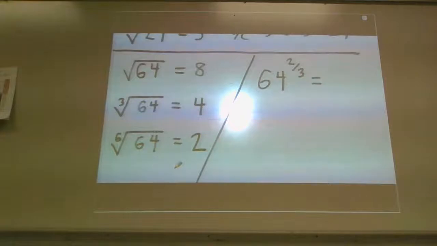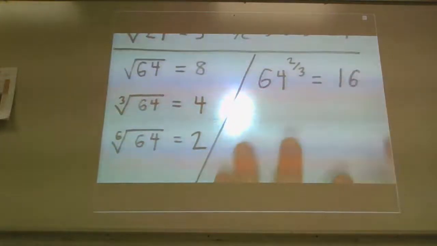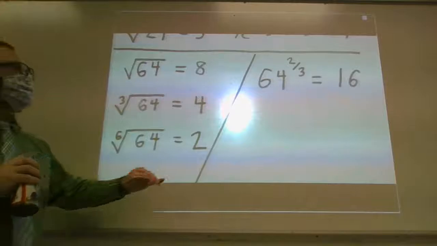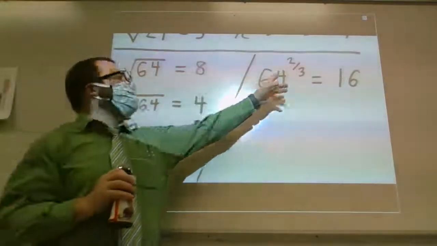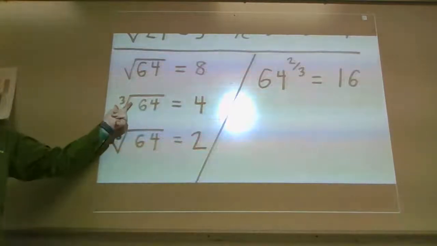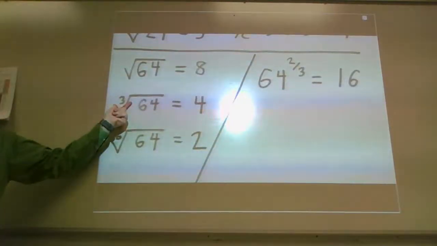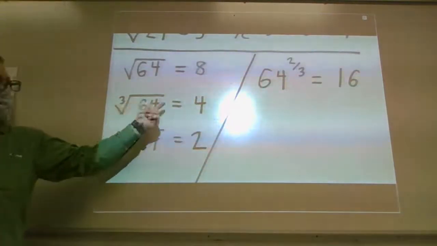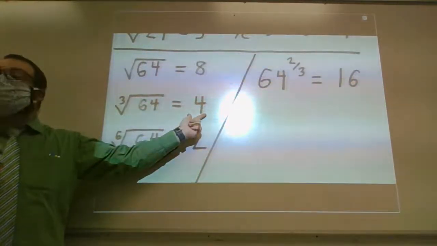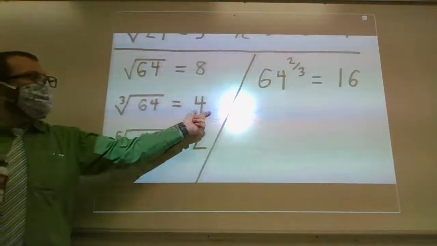And the reason for that is this. There is a certain process that you walk through when you are taking certain roots. Now, you may not understand why this is what it is at the moment, but check this out. The cubed root of 64 is 4. And then 4 squared is 16.